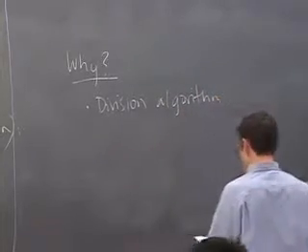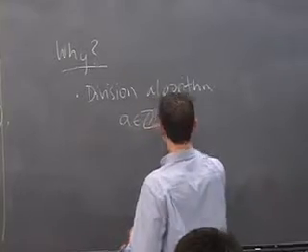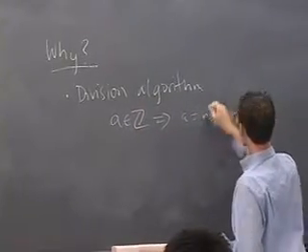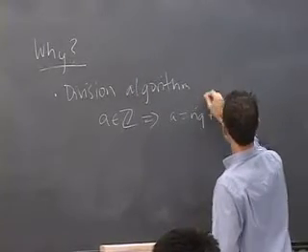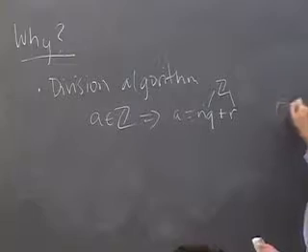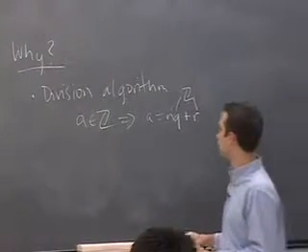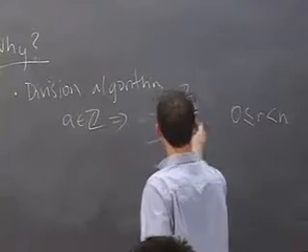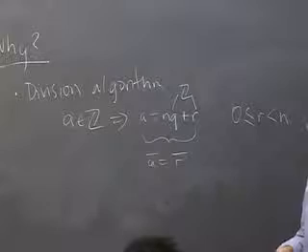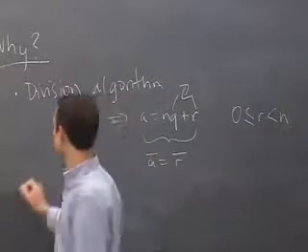If I have some a, then I can write it in the form nq plus r, where q and r are both integers, but moreover, 0 is less than or equal to r is less than n. And then this is just saying that a bar equals r bar. So we certainly have a representative in this range.